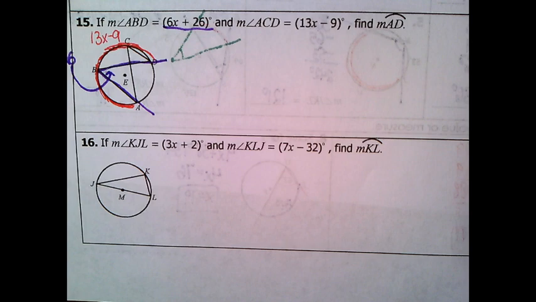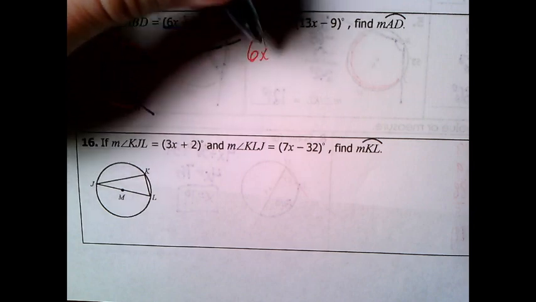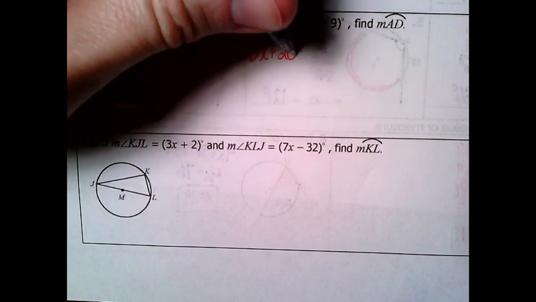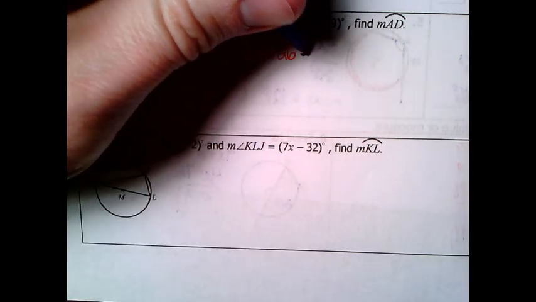I'll have to explain this one in class. This one might take a little bit of explanation. So I'm just going to show you how to do it. I'm kind of stumped right now on a good way to explain it. But on this one, we're just going to set them equal to each other. It's just not really going to make sense right now.